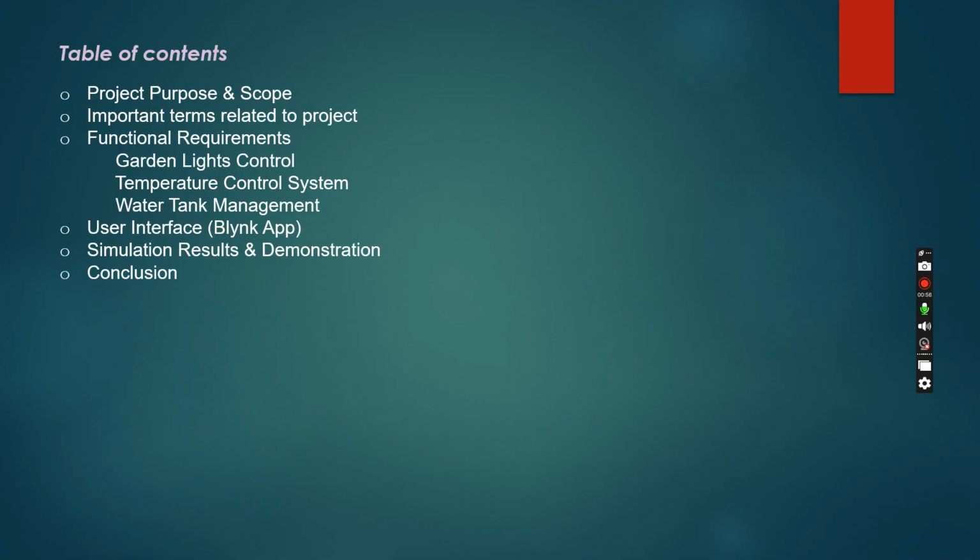In this project, we have project purpose and scope, important terms related to the project, functional requirements, garden light control, temperature control system, water tank management, user interface using the Blynk app, which is available in the Play Store for interfacing between the mobile phone and the device, simulation results and demonstration, and conclusion.